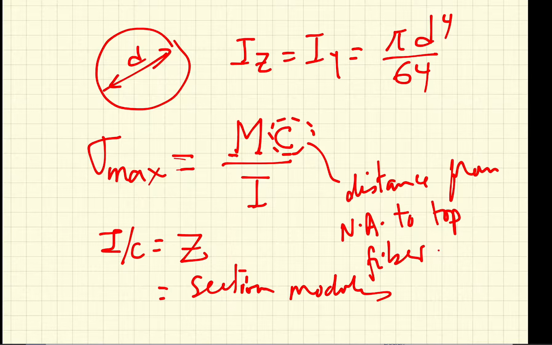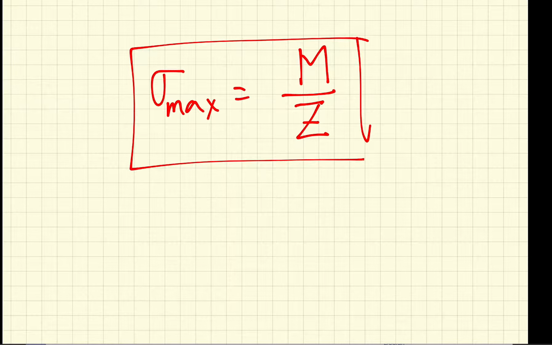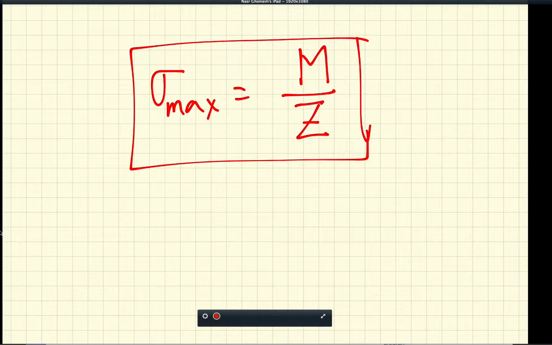So simply put, the maximum stress for design, sigma max due to bending, is going to be M over Z. So if we find the Z, the section modulus, we should be able to determine the maximum stress.